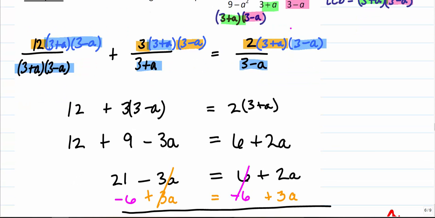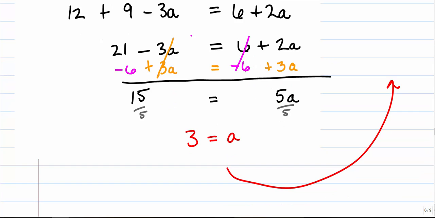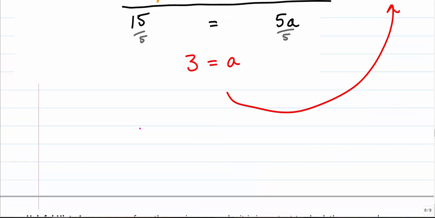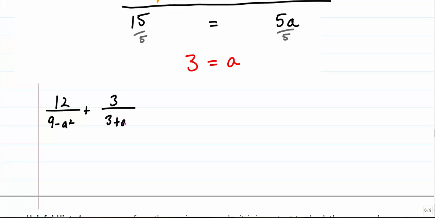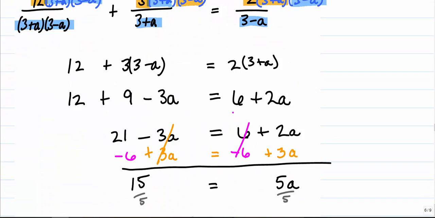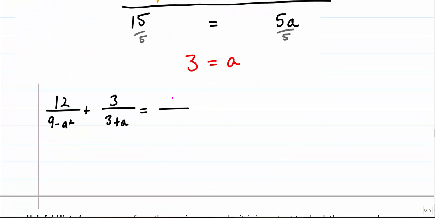So if I take my original equation, let me give myself some more space here. If I go to my original equation, which technically should have been 12 over 9 minus a squared plus 3 over 3 plus a equals, did I even do that one right? Yeah, 2 over 3 minus a.